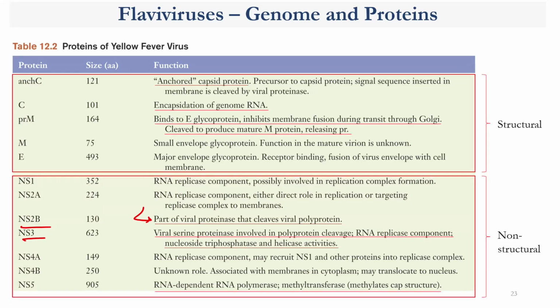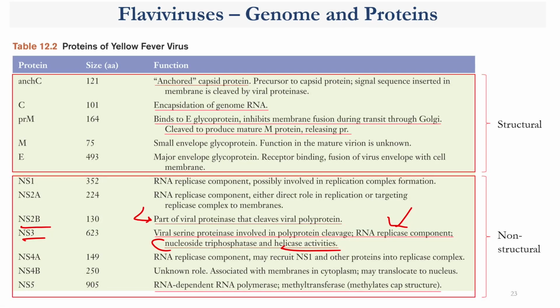You have your NS3, again, which is a proteinase that's involved in polyprotein cleavage, okay? This also is a component of the RNA replicase complex, okay? As well as it has nucleoside triphosphatase as well as helicase activities.